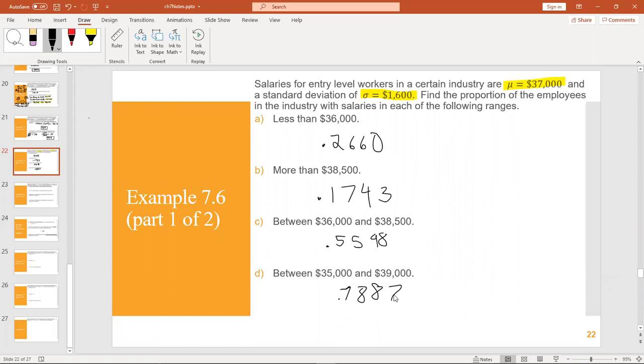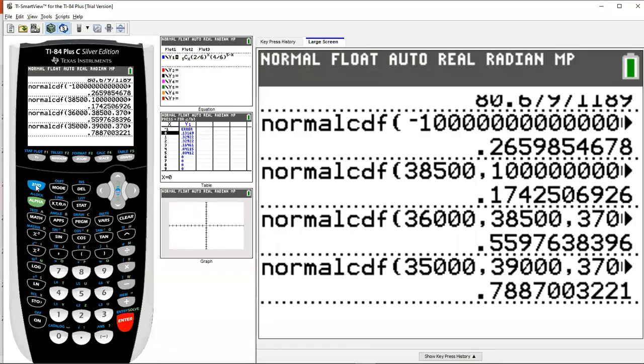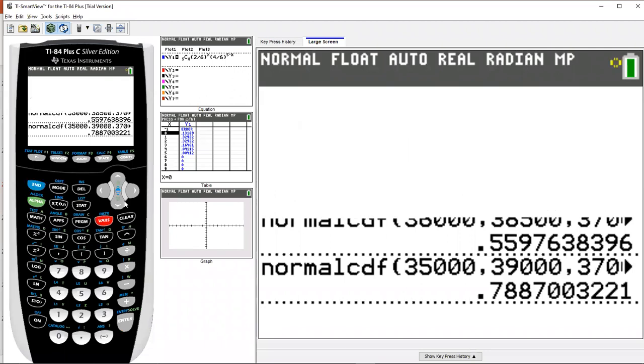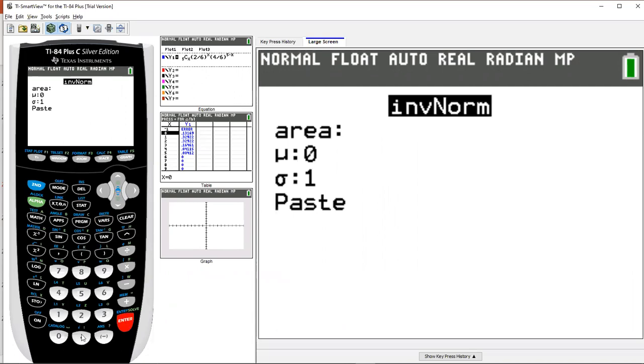All right, what do we have next here? So next we want the 85th percentile. Again, same scenario here. So 85th percentile, that means we're interested in 0.85. That's going to be for the inverse normal. So we're going to do second vars, pick the inverse normal when they tell you a percentile, 0.85. 37,000 is the mean. 1,600 is the standard deviation.